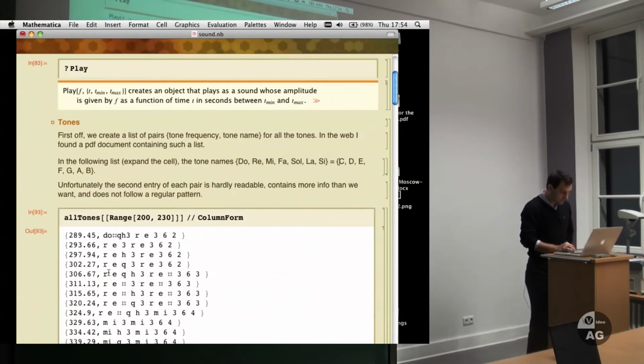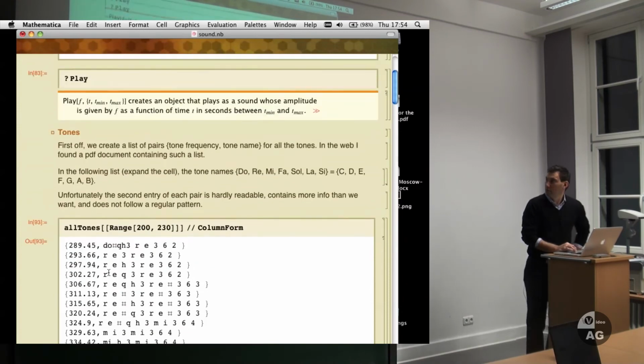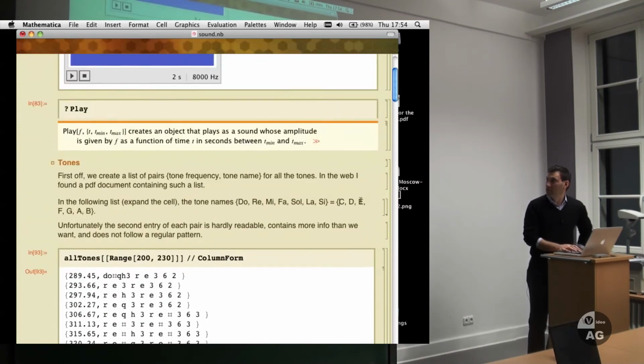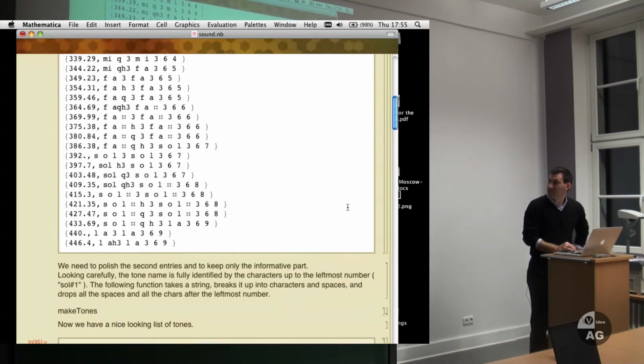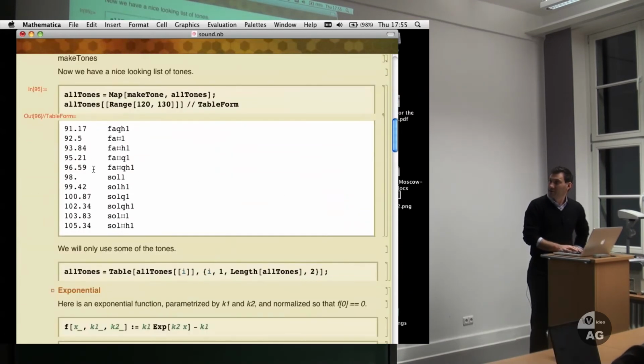In German it's not B, it's H at the end. So we stick to this, and that's what you guys have to produce.